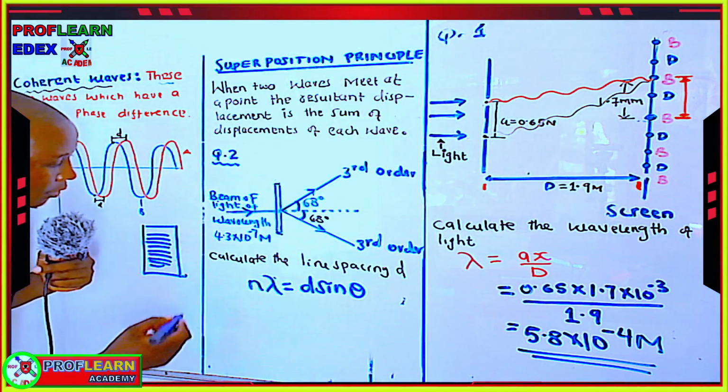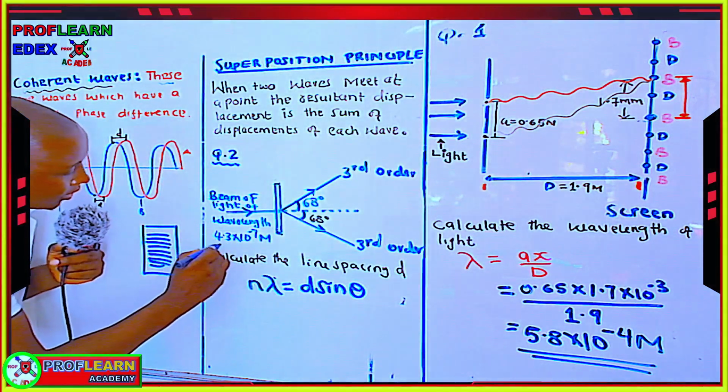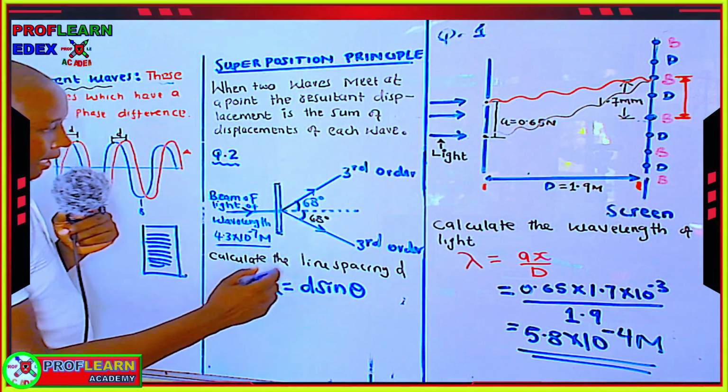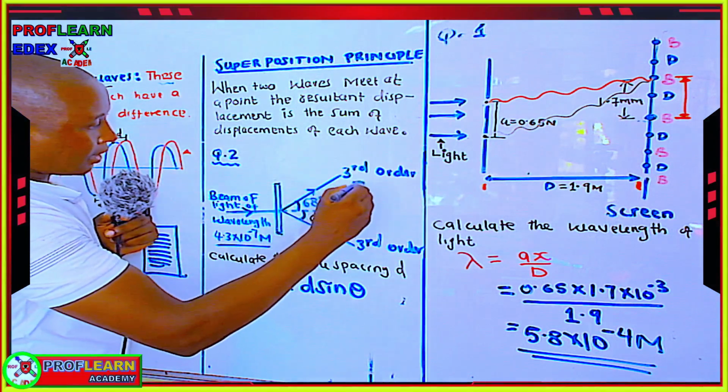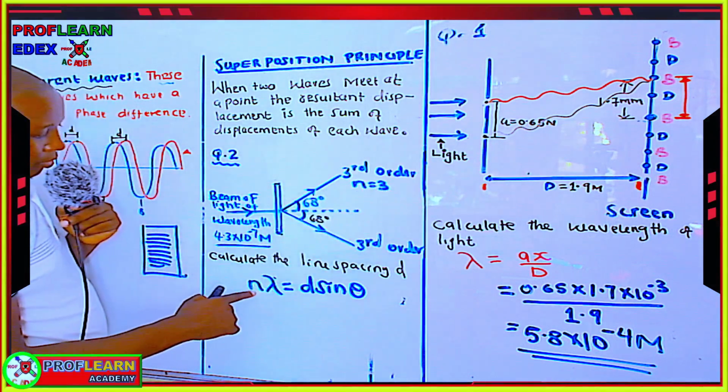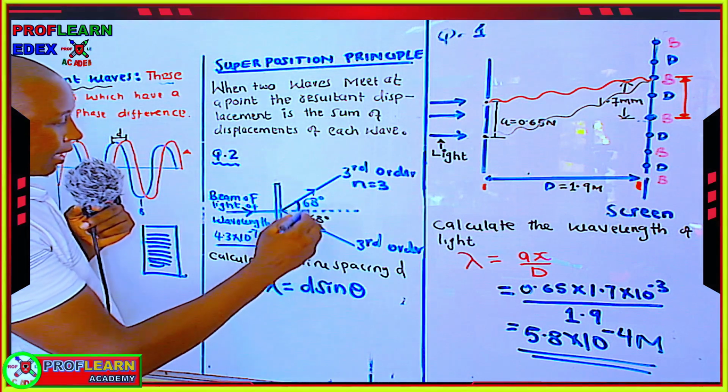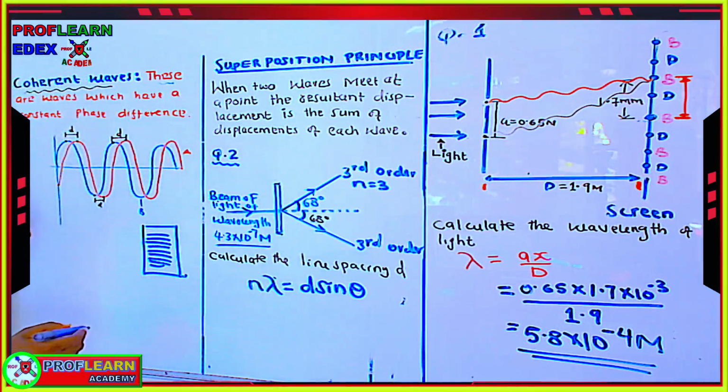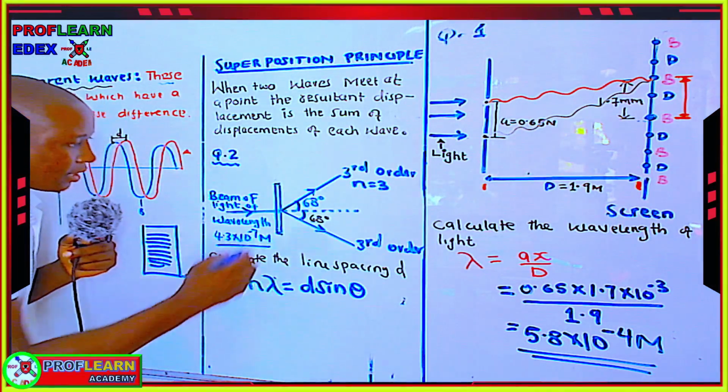so that we can have all these orders that we have here. So in this case, we know the wavelength, it was provided. The number of the order, n, is going to be 3. That's what we shall use here. And the angle in this case is 68.